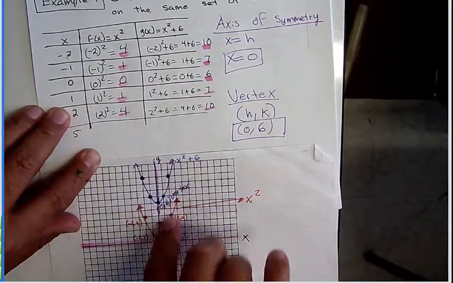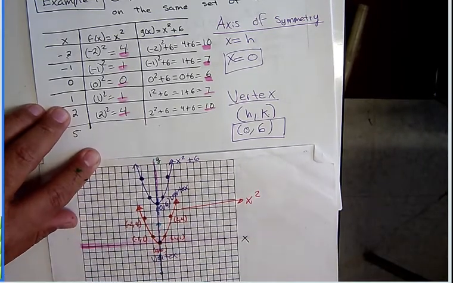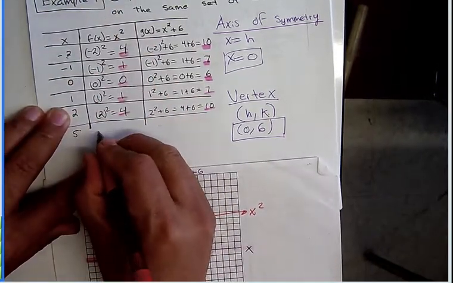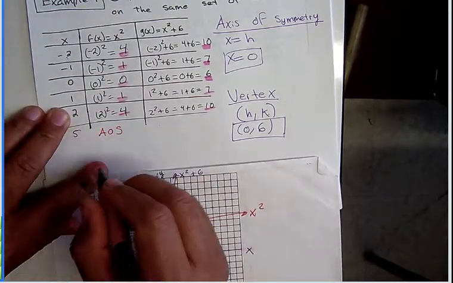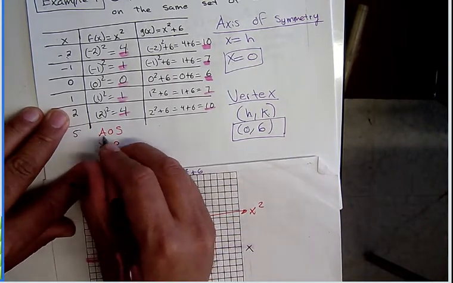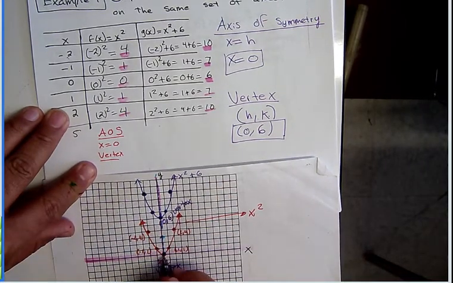For that one it would be the same. So for this one, the axis of symmetry would be x equals 0, and the vertex would be 0, 0.